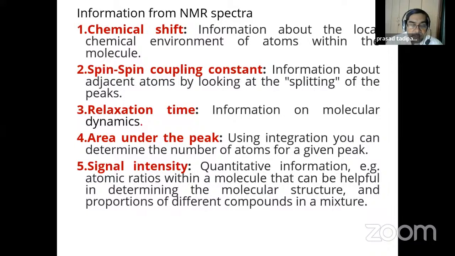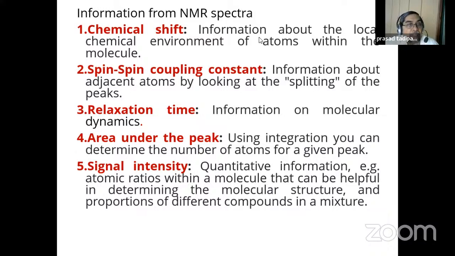And another one is how you get different additional information from NMR spectra. So we will calculate the chemical shift, spin coupling, relaxation time, area under the peak, and signal intensity.